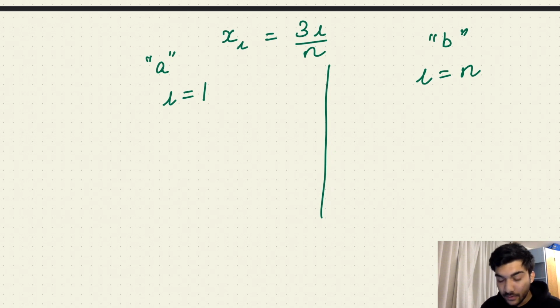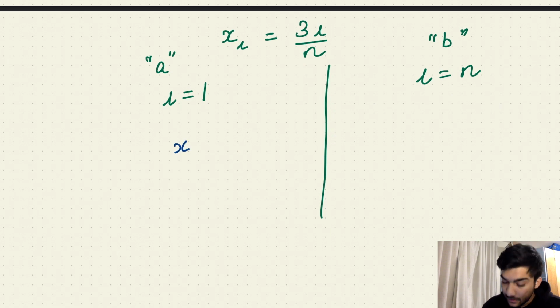Now what you have to do is calculate xi in both of these cases based on the values that you have for i. If I have to calculate xi in this case, I'll substitute i equals 1. In the other case, I'll substitute i equals n. So let's calculate xi in both of these cases.